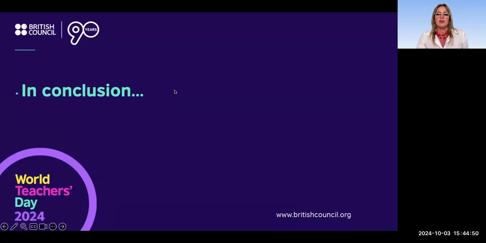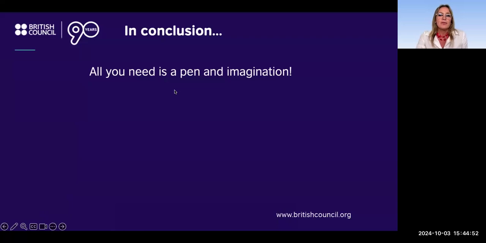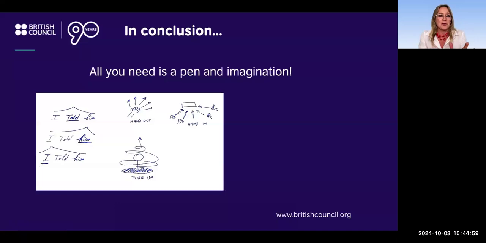So in conclusion, what you need is a pen and imagination. You will have to work out your own systems, your own images, your own visual representations. And as you can see here, this is my handwriting. This is what I normally do when I'm writing on a board. These are the roof-shaped lines to show intonation, hand out, hand in, or turn up.